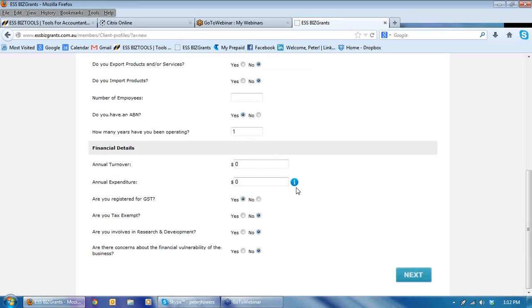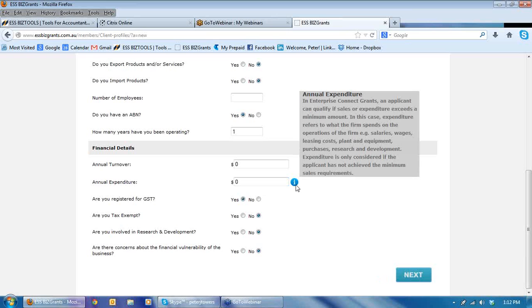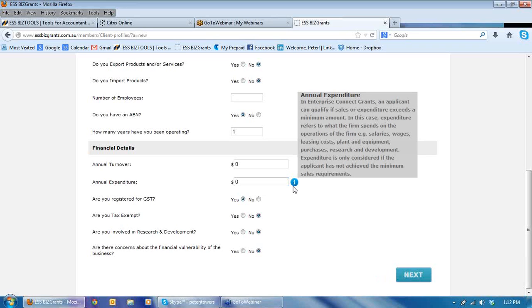In version 2 of ESS BIZGrants, we're going to mention that question, but we're not going to have it highlighted as much, primarily because our research with the Enterprise Connect people has indicated that not that many businesses are qualifying under the expenditure rule. And it does cause some questions from some of our subscribers.